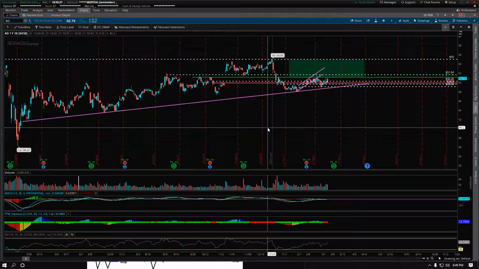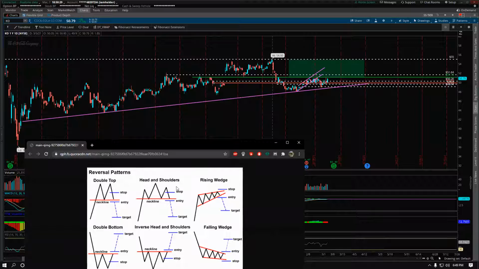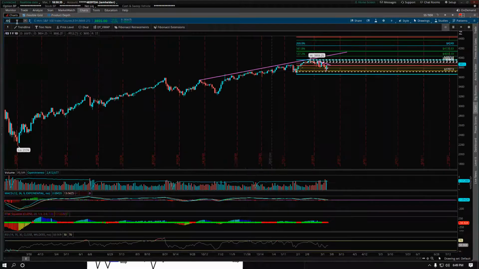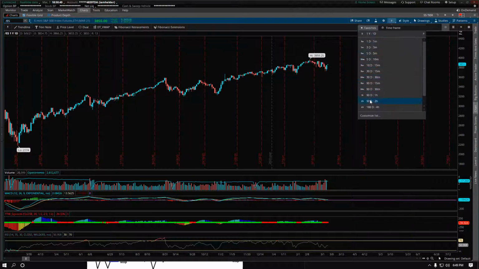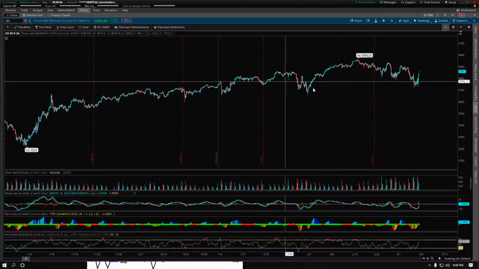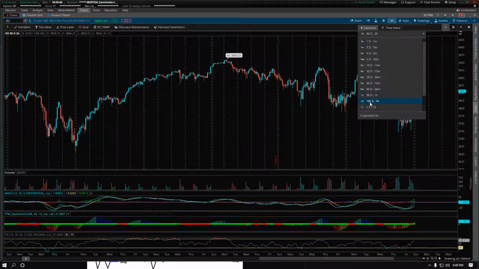Let's do head and shoulders. There was a good example on ES 4 hour. I think maybe it was 2 hour. I could be wrong. It's not a very good one actually.